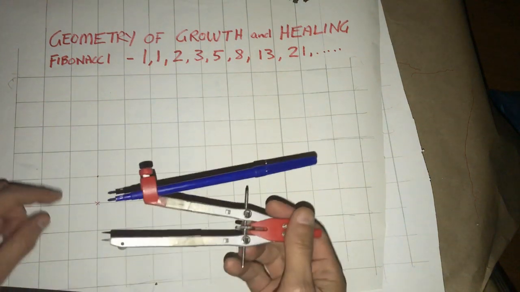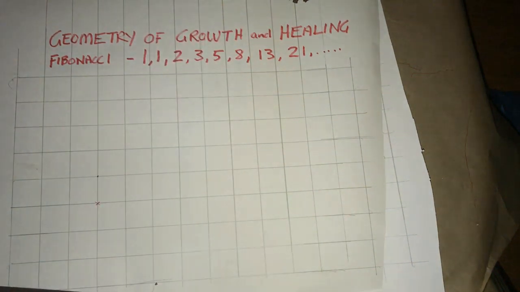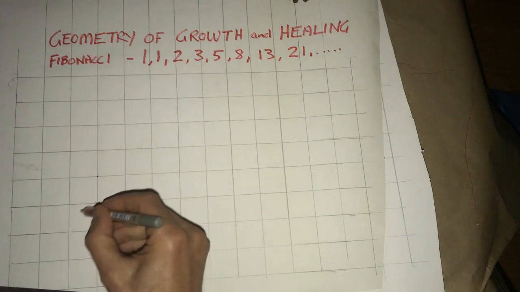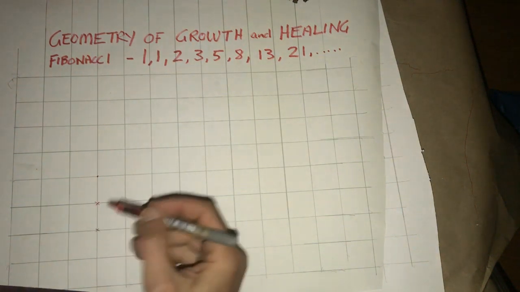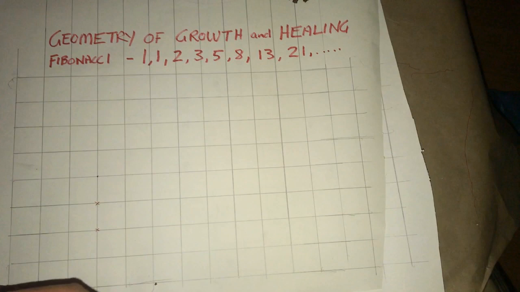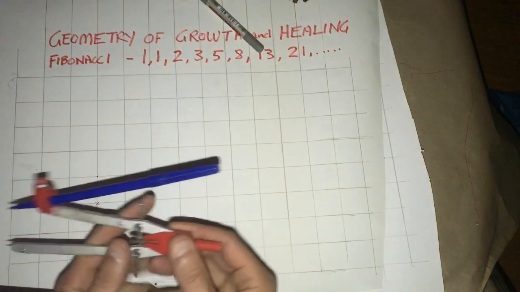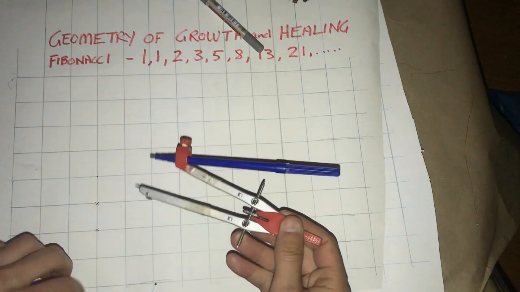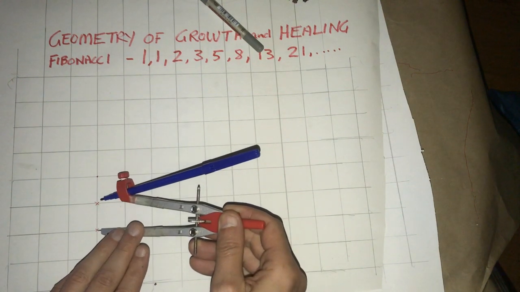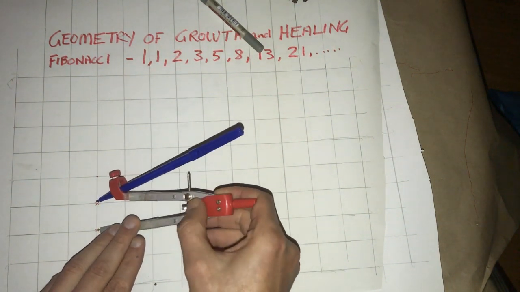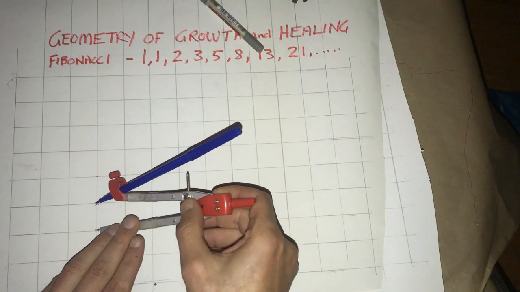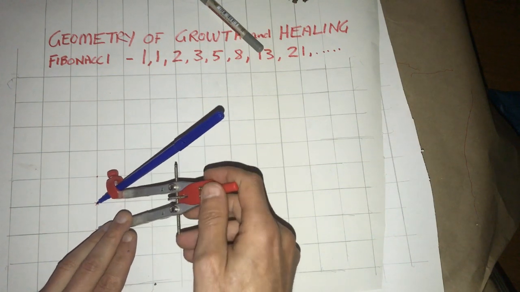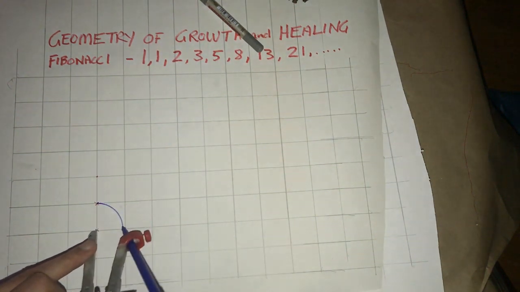Now it's going to grow by its largest factor. Imagine a circle here. This is the first cell, and it's going to grow by its largest edge. So we set the compass there, and we draw a quarter circle.